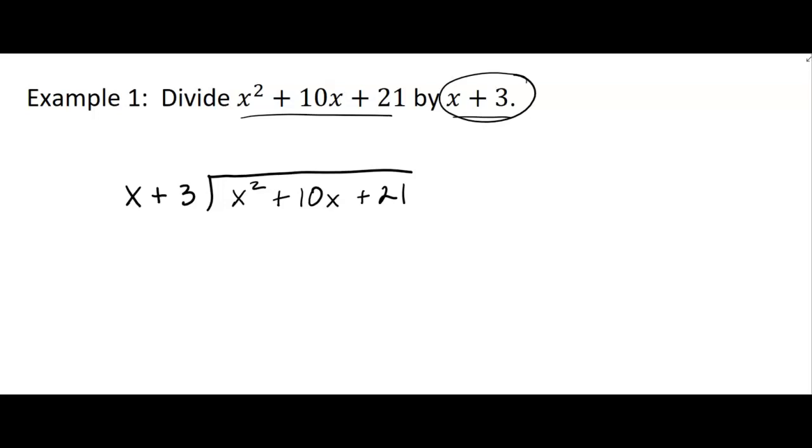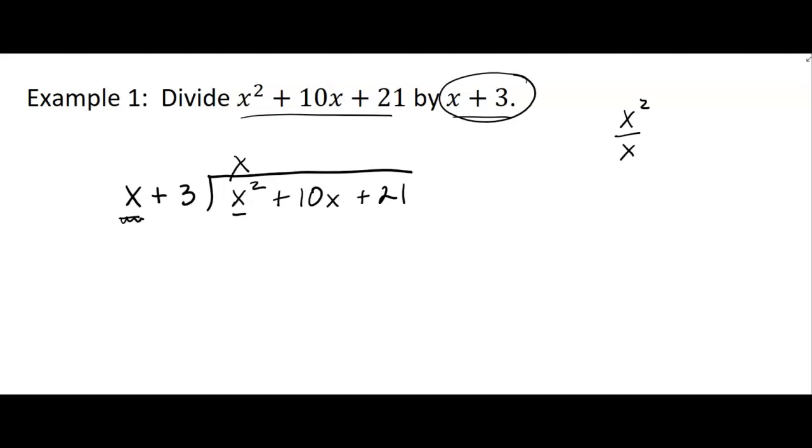The first thing we do is look at the first term here and the first term here. How many times does x go into x squared? If you're wondering about that, you could go over to the side and think, what's x squared divided by x? Sometimes I think of it as, what do I have to multiply x by to get x squared? And the answer is, in all those cases, x.